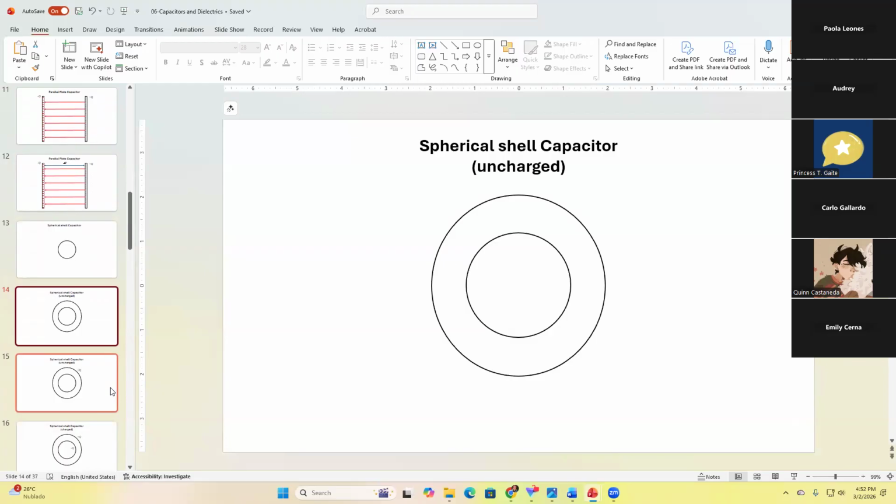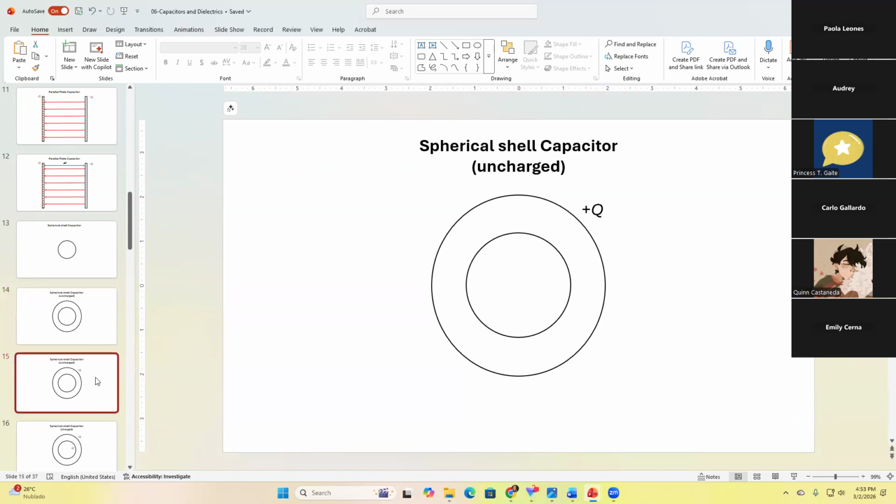They must be separated by a dielectric again, okay? This volume in between them. This dielectric that fills the space between them can be air, deionized water, paper, wood, plastic, glass, and so on.